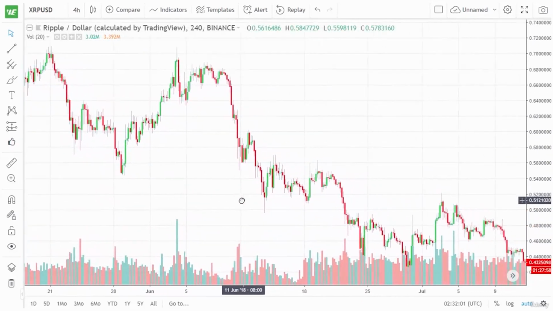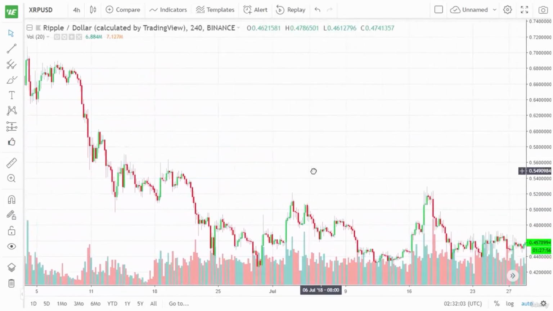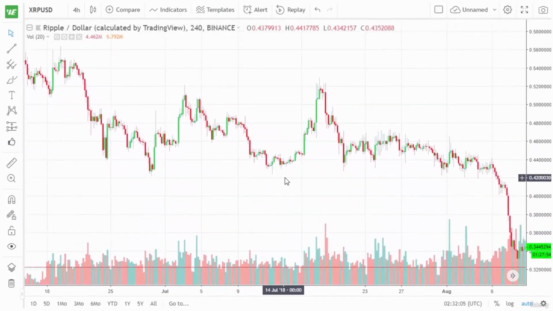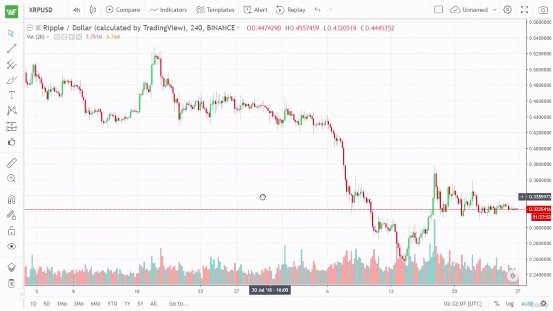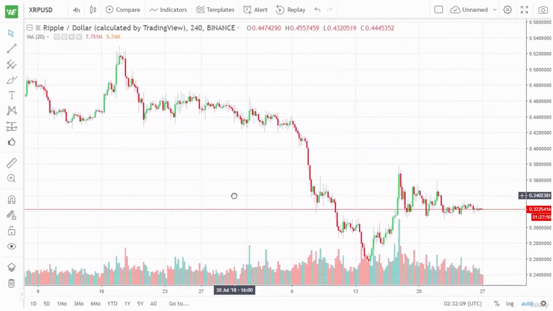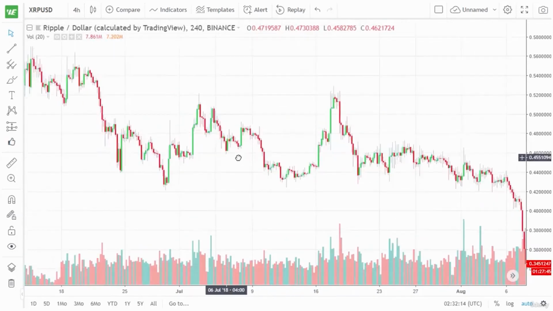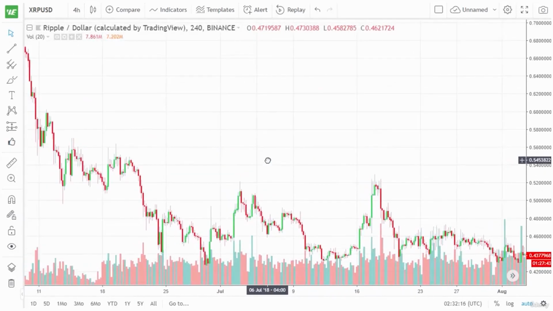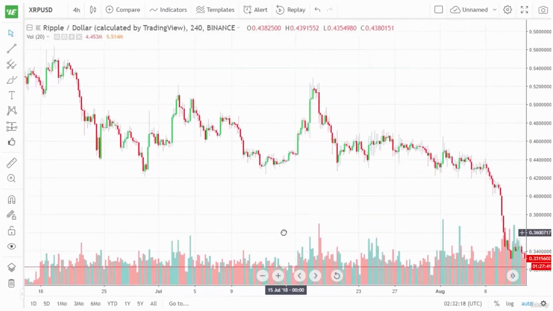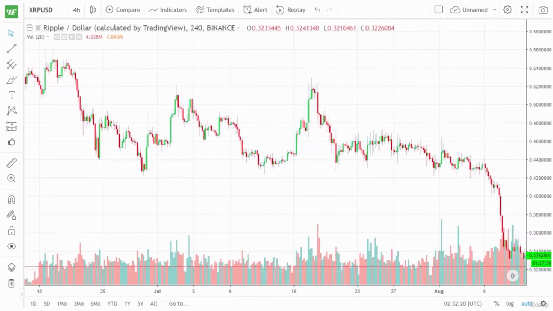So as I look at this chart longer term, you can see that there are support levels that get tested time and time again. These levels are areas where you look for double tops and double bottoms. This area here formed a little bit of a double bottom in this area, right around 42 cents.